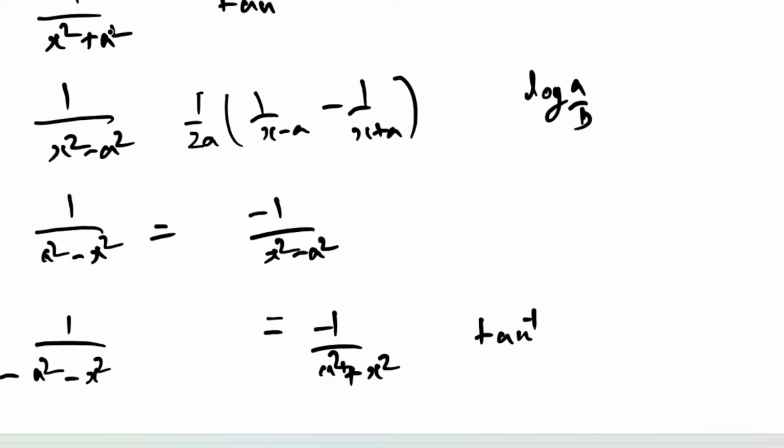So it will be minus tan inverse here. It's the same method, we are not doing anything new. So both positive, one positive and one negative, and both negative are all done. Agree now?